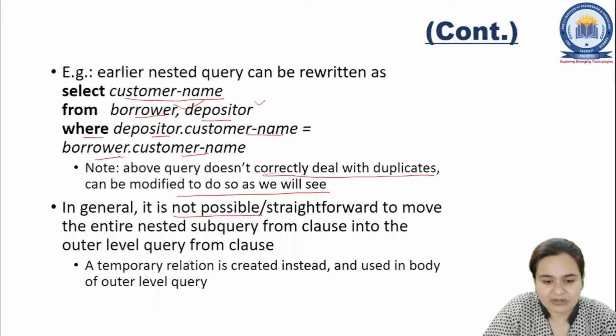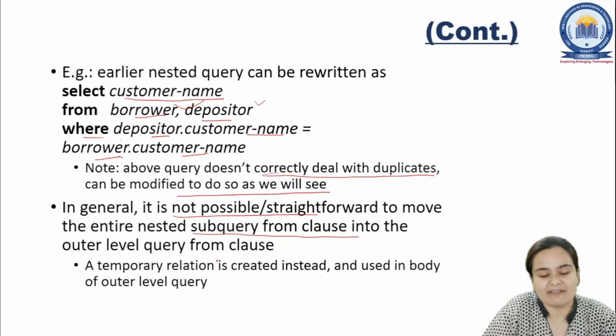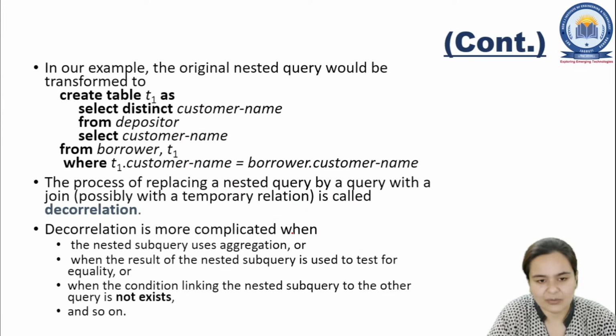In general, it is not straightforward to move the entire nested subquery from the where clause to the outer-level from clause. So a temporary relation can be created instead, and we can have the outer-level query use it.